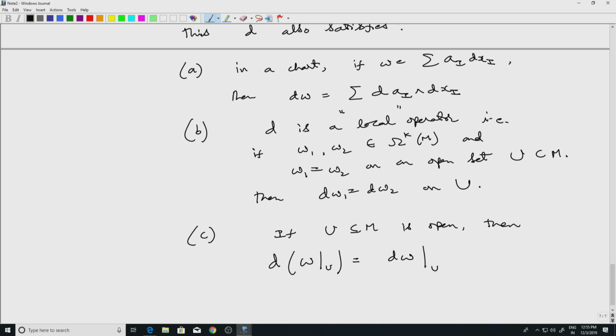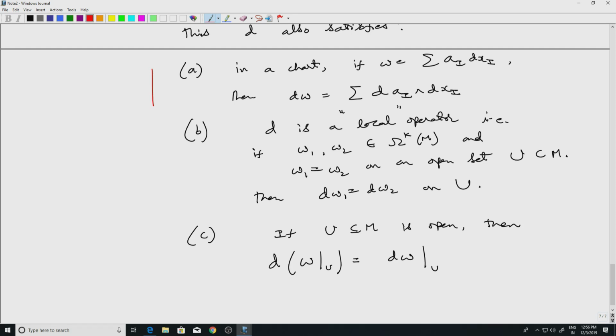So let me say a few words about these additional properties. As for the first one, (a), this is a statement. As of now, we cannot use this as the definition of D, because the usual problem of a point being in different coordinate charts arises.